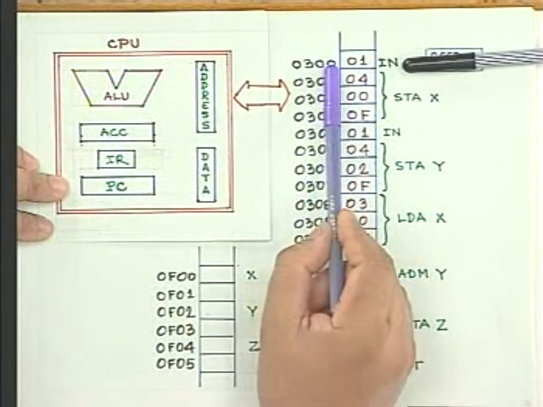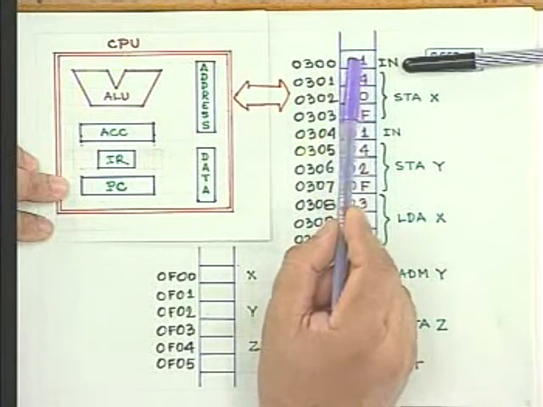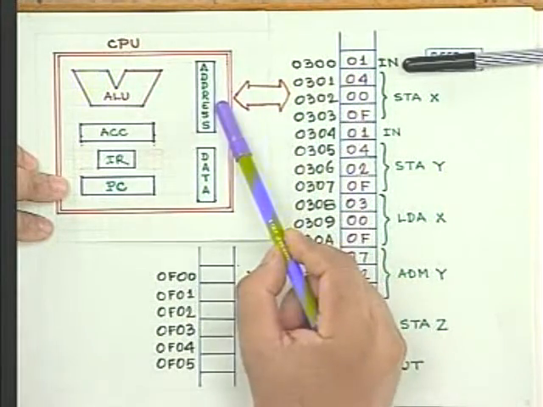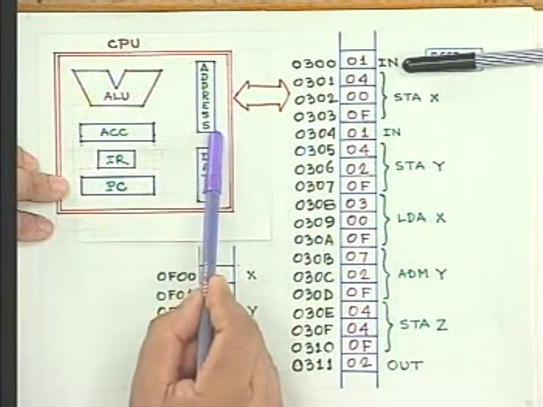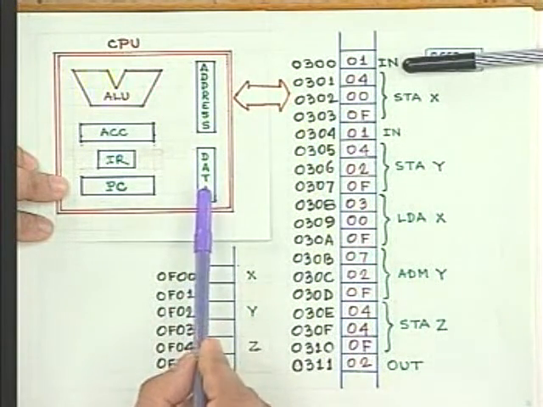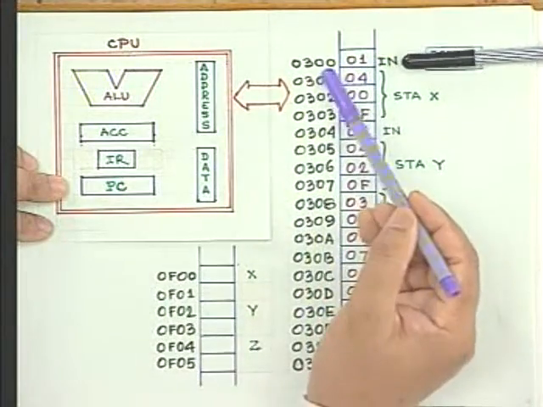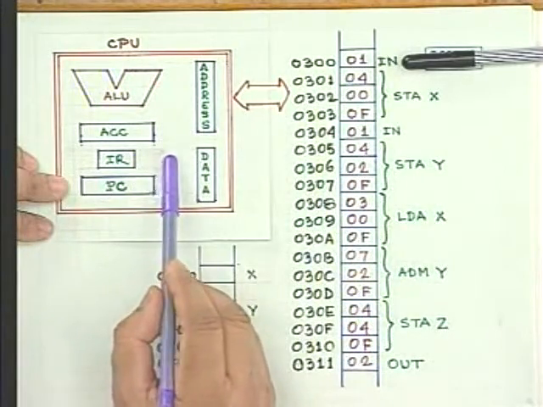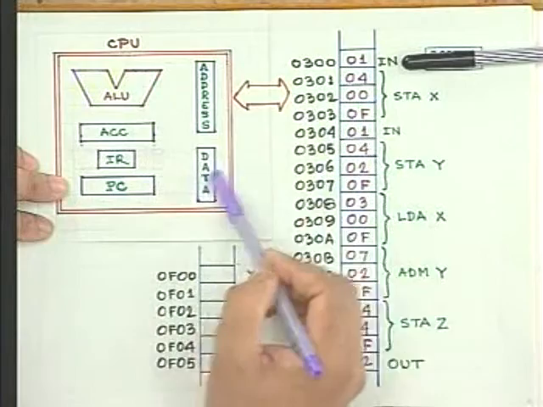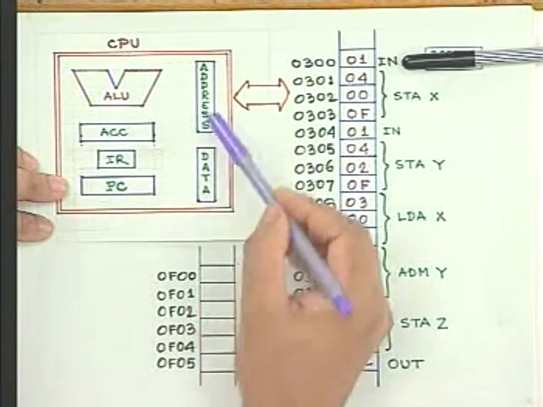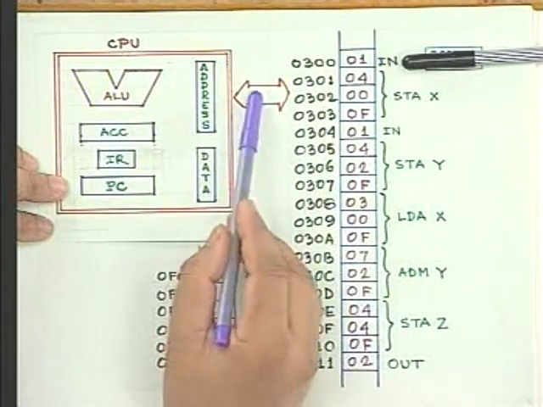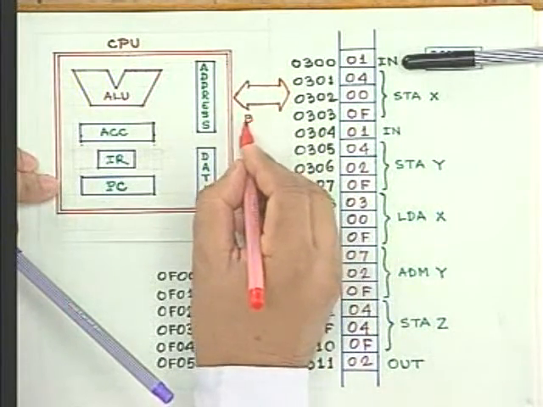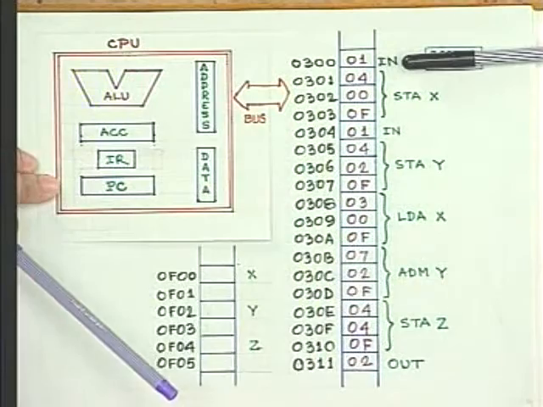The address of the memory location being accessed is kept in the address buffer, and the data buffer's responsibility is that any data or instruction passed from the memory, or any data that goes out to the memory, will go through the data register, and these two are connected to the memory by means of this bus.